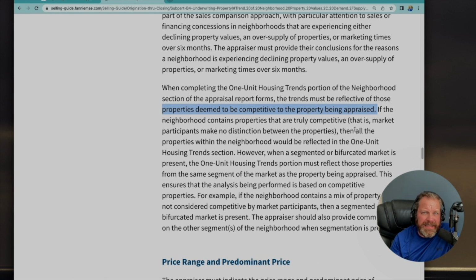We see that appraisers are just using the universe completely, all the properties in the neighborhood. And I understand that. I honestly think that's what we should be doing, but we should be reporting on the competitive properties as well.